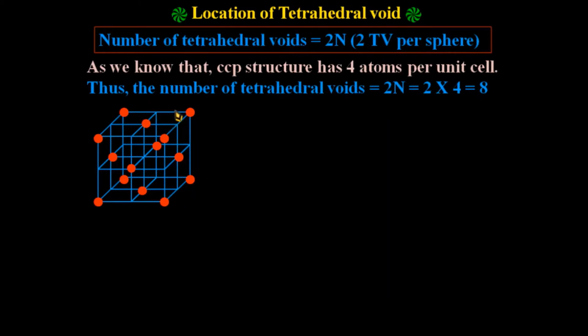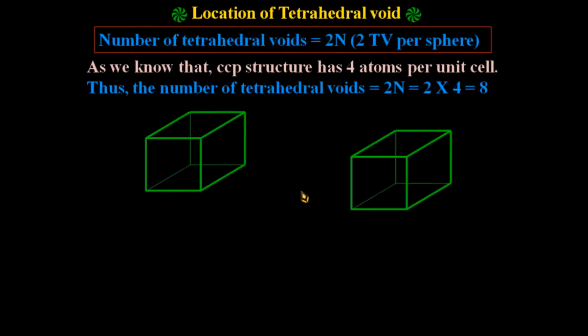If we consider a single cube out of these 8 cubes, we see that the atoms or spheres are present at alternate corners of the cube, like this. In this picture, these spheres are present at alternate corners: here, here, here and here.